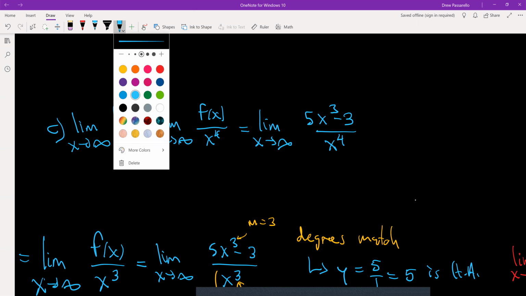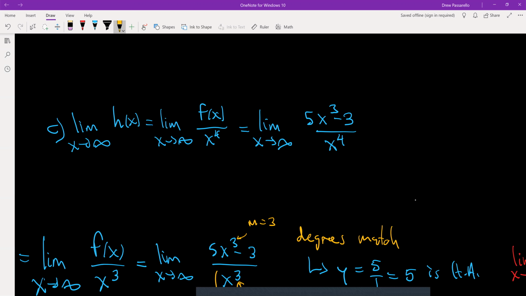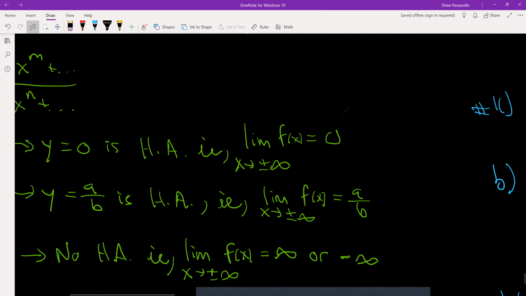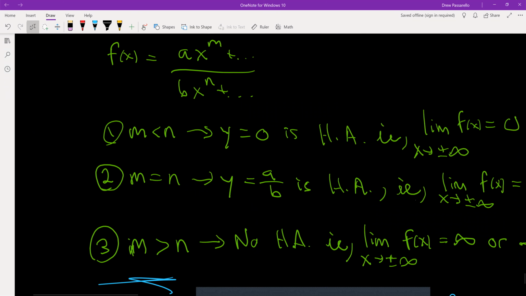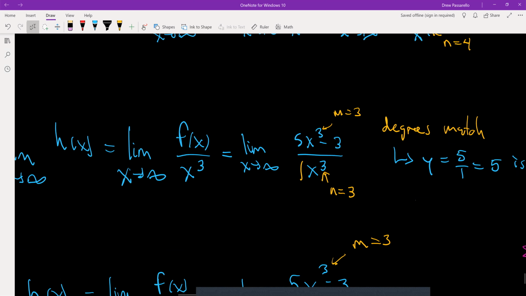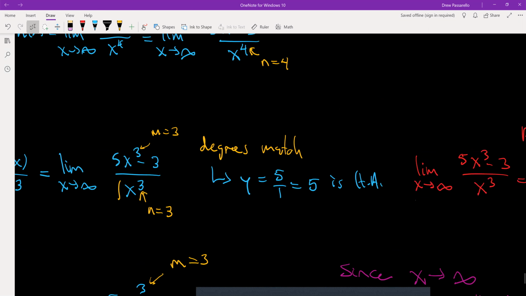All right, so this time the numerator has exponent 3, so m is equal to 3. The n is 4. So in this case, the degree up top, m, is less than the degree on the bottom, which puts us in the first category. M less than n, y equals 0 is the horizontal asymptote, which means the infinite limit is 0.